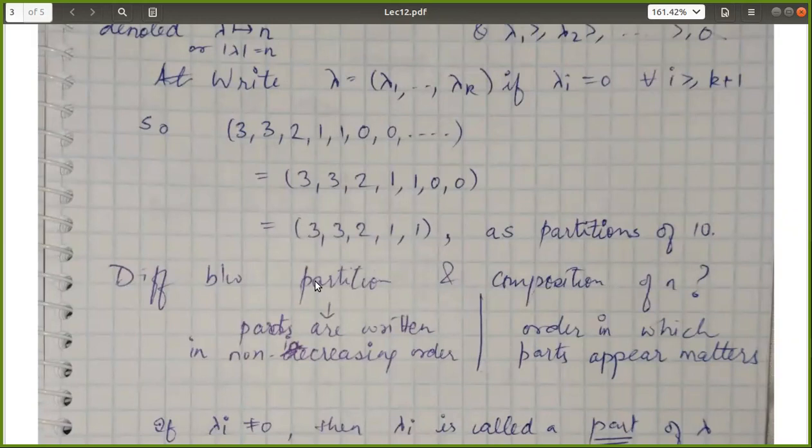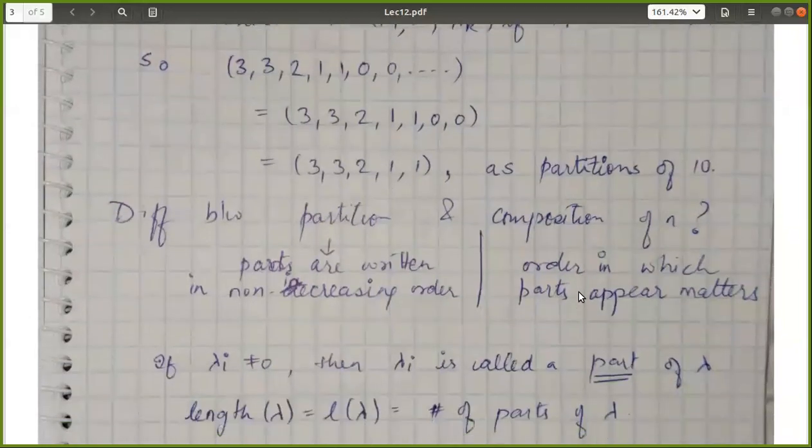However, a partition is a way of writing a natural number such that the elements appear in a weakly decreasing order. So clearly every partition is a composition. However, every composition will not be a partition, right? Is that right? Yes. Okay.